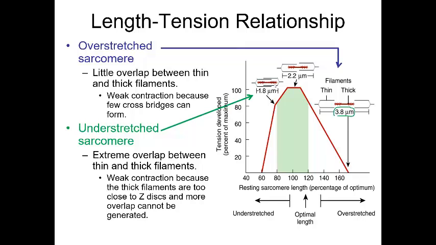When the sarcomere is understretched, over here the sarcomere is only 1.8 micrometers long, there cannot be cross bridges optimally because they're too close to the Z discs, and they can't slide too much because they're already too close to the M line as well. So for optimum contraction, they have to be about 2.2 micrometers in length.